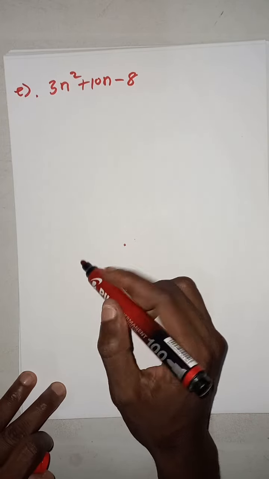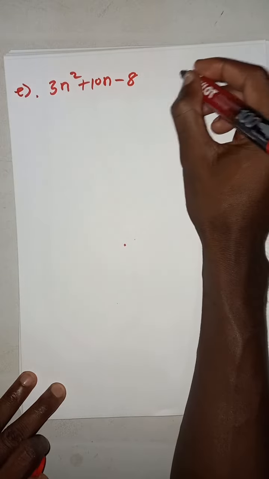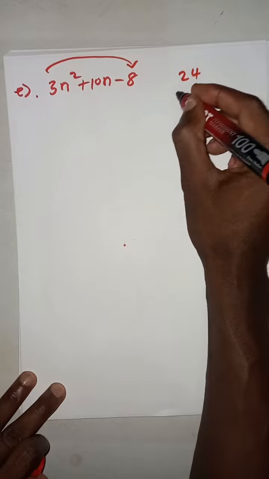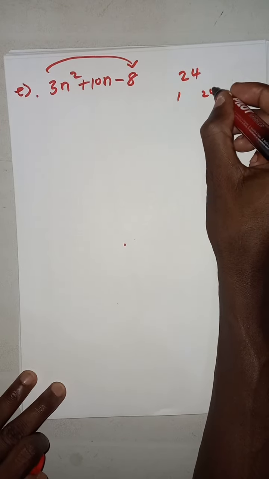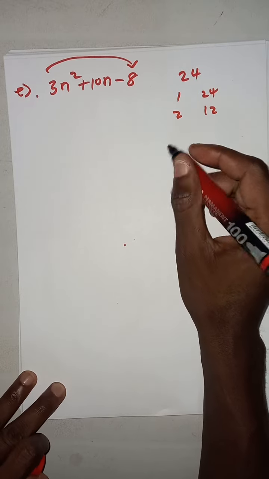Well, as usual, 3 times 8 gives me 24. You multiply this one, which gives me 24. Two numbers that I can multiply to give me 24. That's 1 times 24, 2 times 12, and 3 times 8.